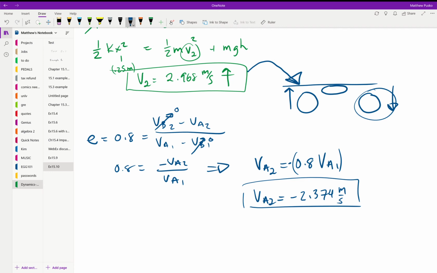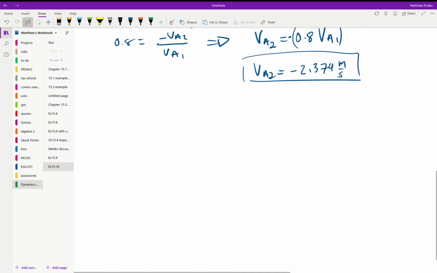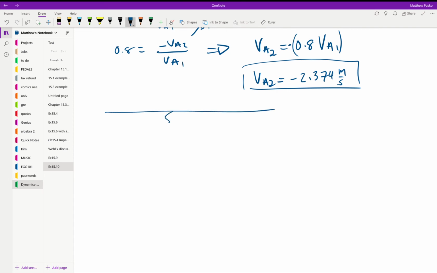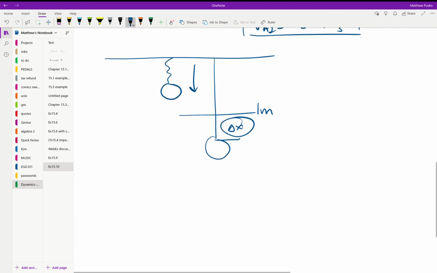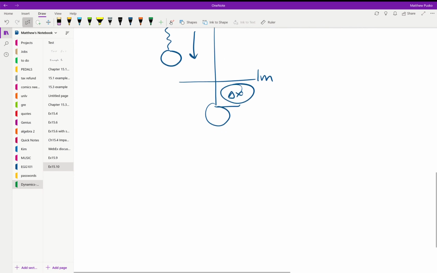Okay, they want to know how much the elastic cable is going to stretch on its way back down. So it has some velocity as it leaves the ceiling, and it's going to cause us to go past the equilibrium position of 1 meter, some extra delta x. Well, that's what they want us to find. So let's conserve energy again. T1 plus V1 is equal to T2 plus V2.